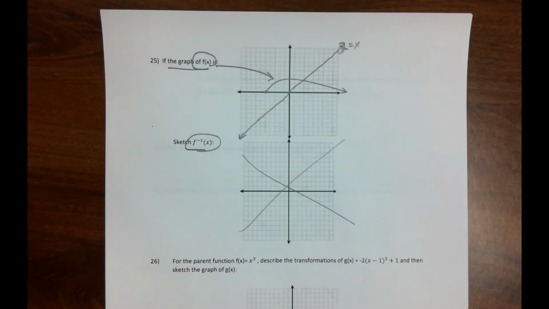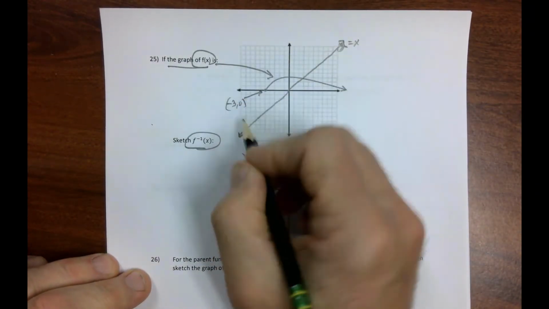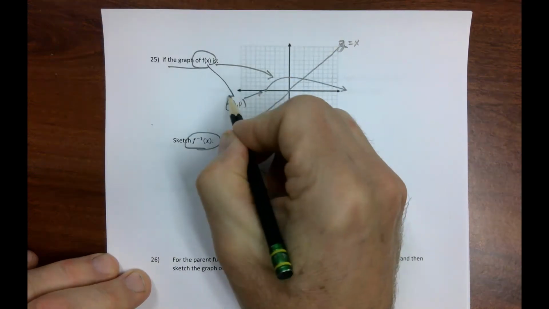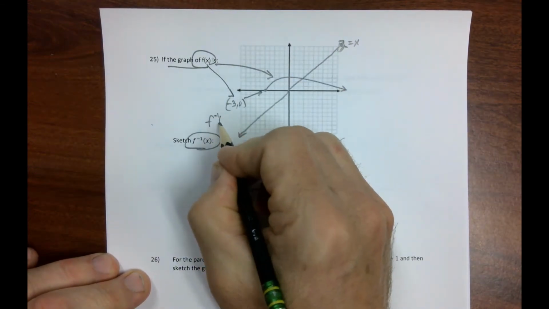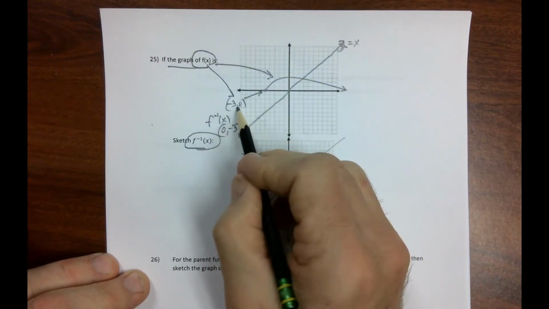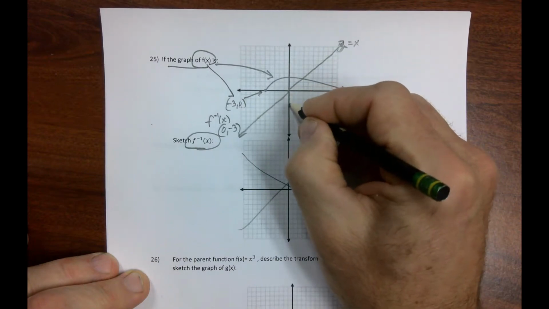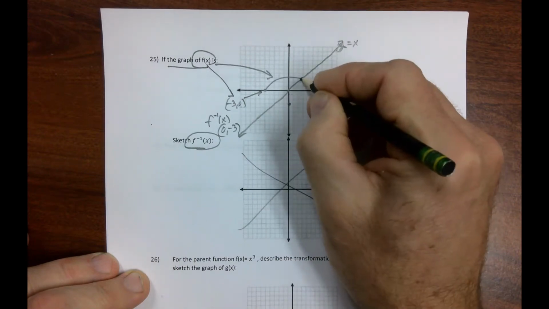It's very important when they give you a point like this, which is -3, 0, to remember that if that's f of x, then the inverse function is just going to flip these: 0, -3. That's kind of a locator point. So we have 0, -3, 1, 2, 3. This is always also a go-to point.